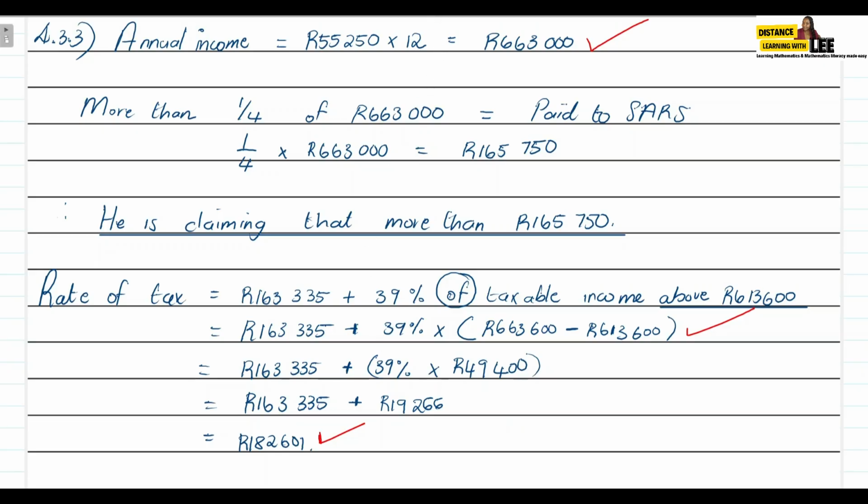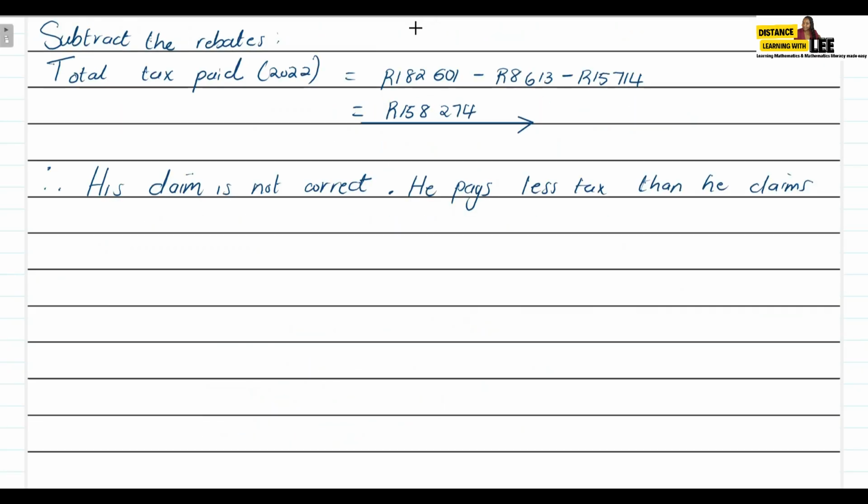Then you get a mark for subtracting your rebates, the fact that you said 8,613 minus 15,714, you get 1 mark for that, and 1 mark for the total tax that he actually paid in the year 2022.